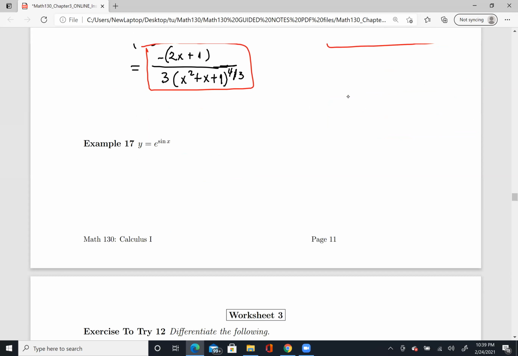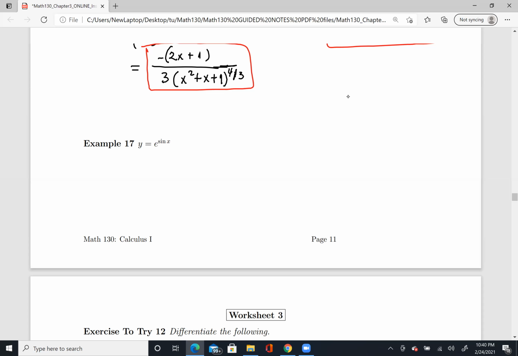Okay, so let's move to the next one. I have example 17, which is y equal to e to the power sine of x. This is a natural exponential function.